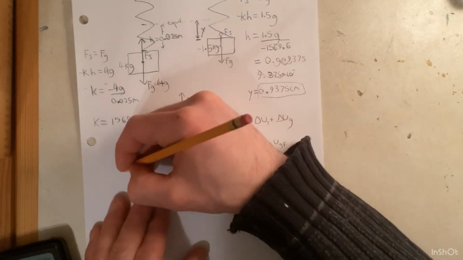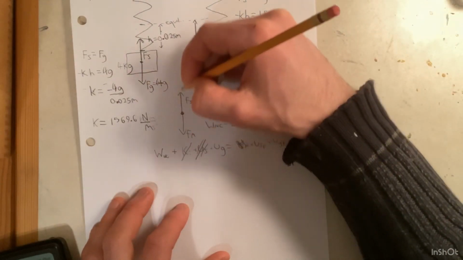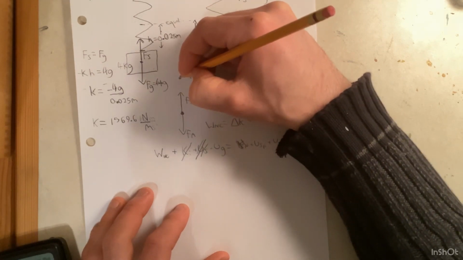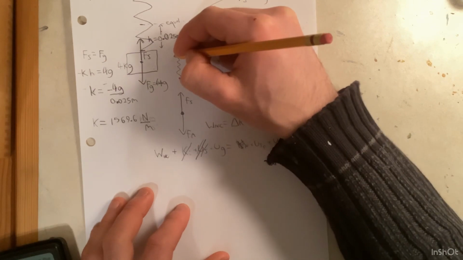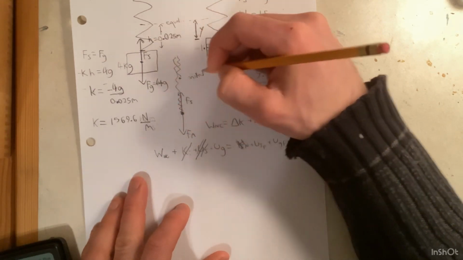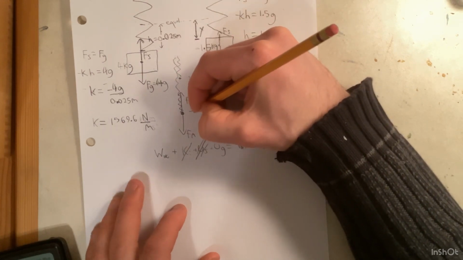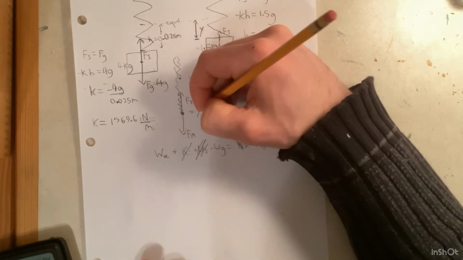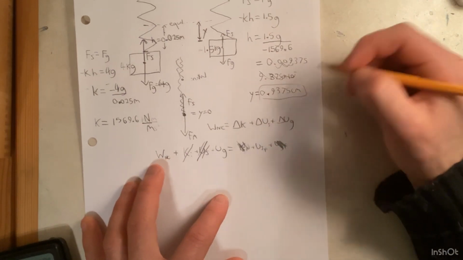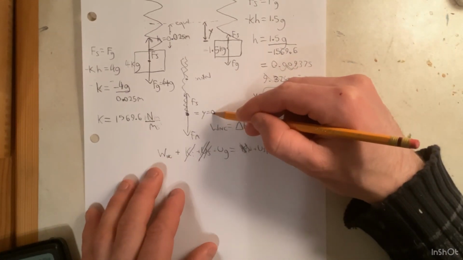I'm going to say it moves from this initial position, and then the final position is when it's all stretched out, like so. So this is y equals 0. The final potential energy is 0 because we set that y equal to 0.